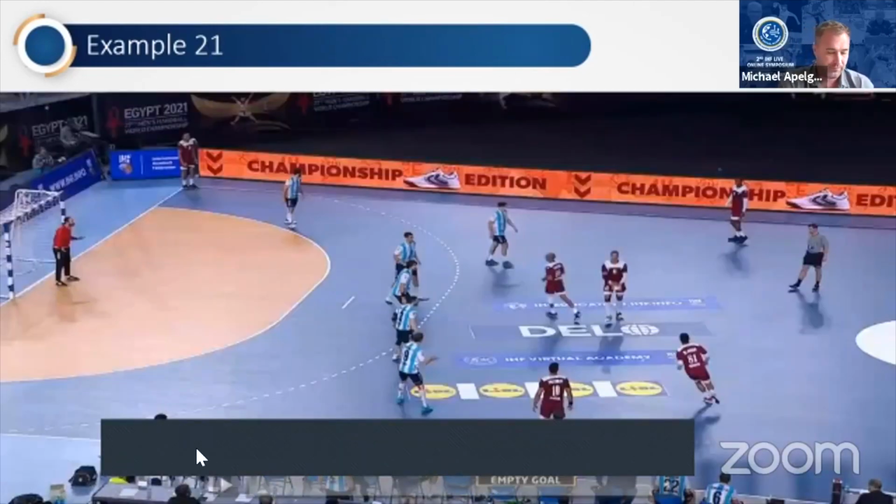And then we take the last one, which is quite a clear one, but this is what happens after the ball has been played.